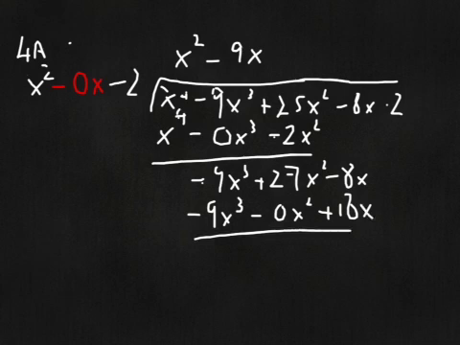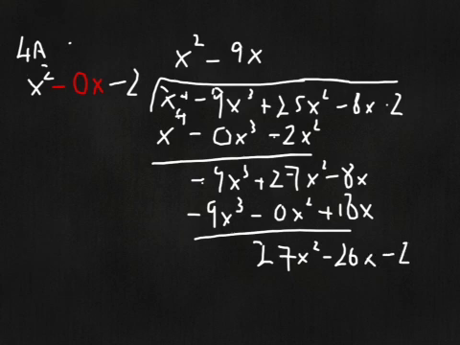Now do the subtraction. That's 0, that becomes 27x squared. Minus 8x minus 18x is minus 26x, and then bring down the minus 2.